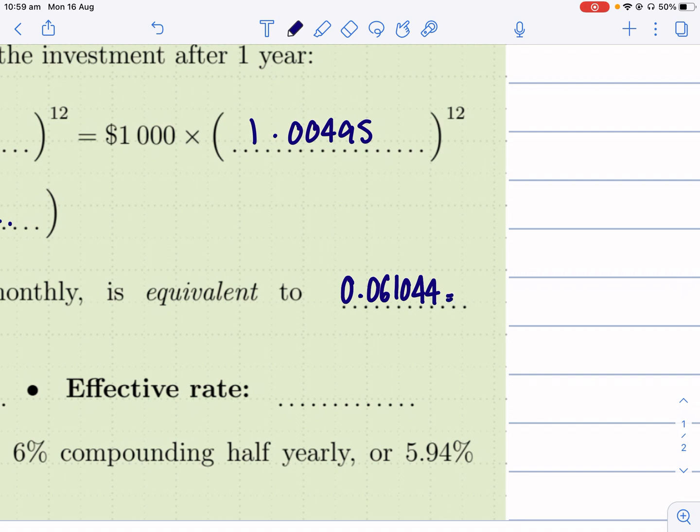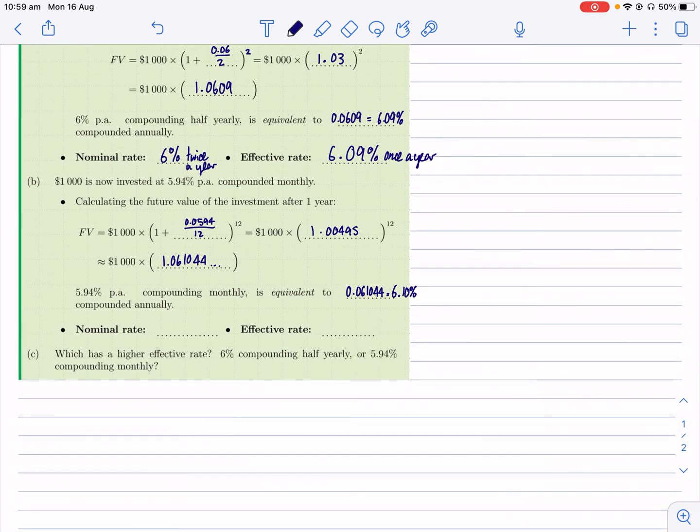So if we times that by 100 to get it into a percentage, that's like multiplying it by 6.10% each year. So it just gives them a more upfront number to work with.